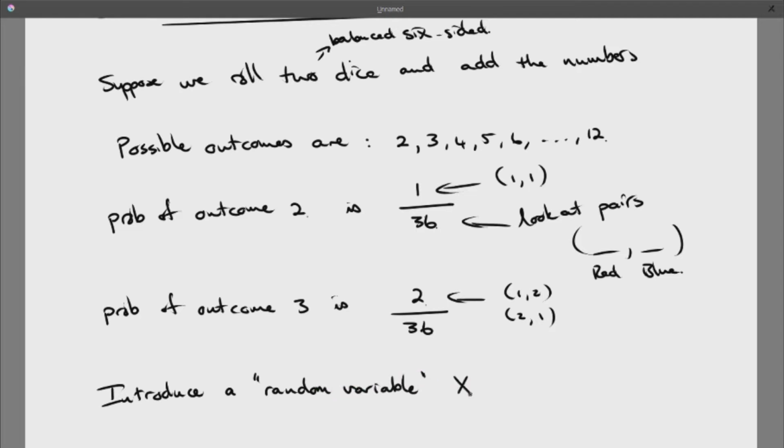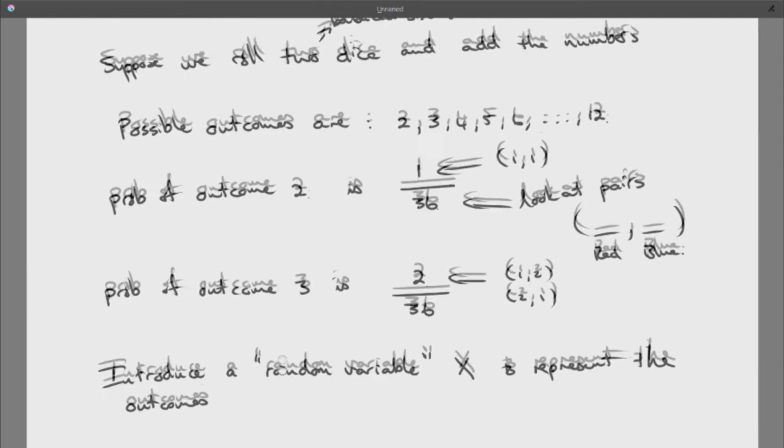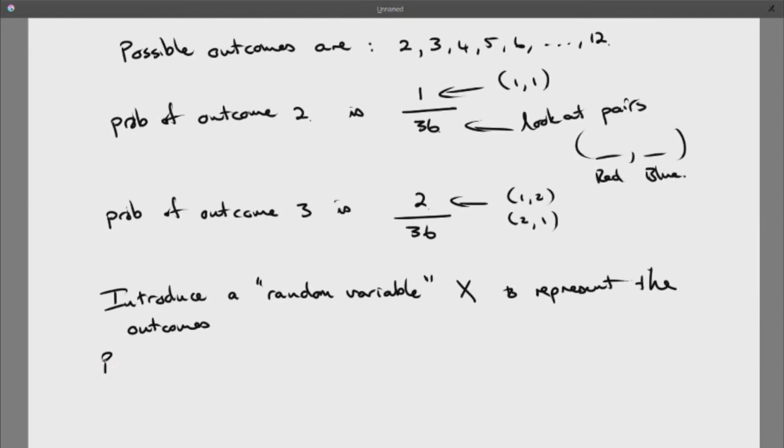And usually we use a capital letter like an X or a Y to represent the outcomes. So the possible values of X, and it's just a way to write fewer words. The possible values of X are 2, 3, 4, the outcomes.